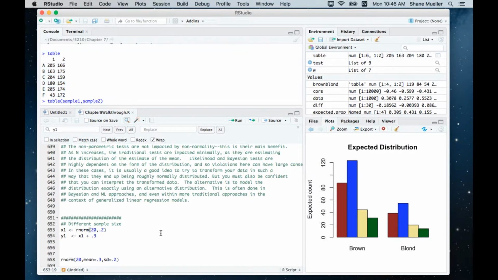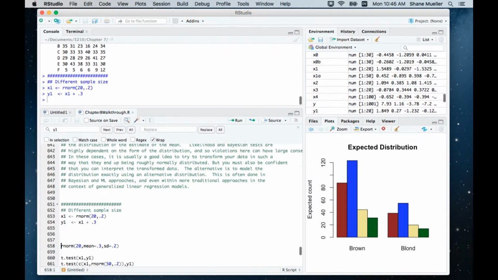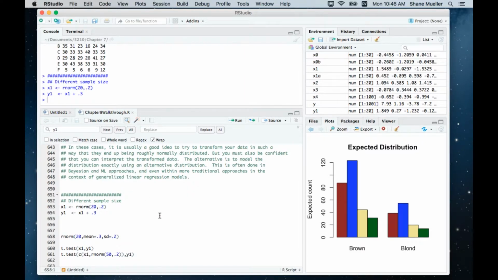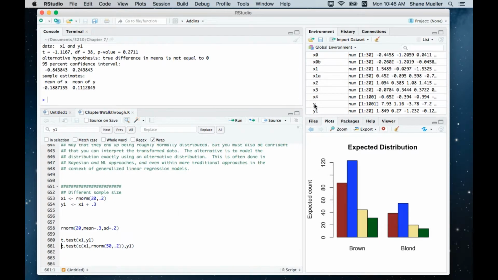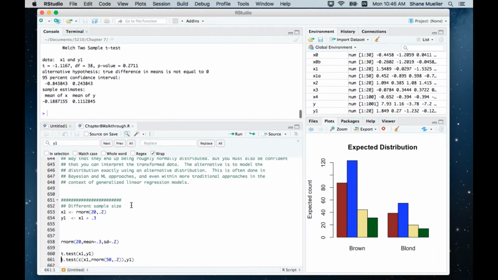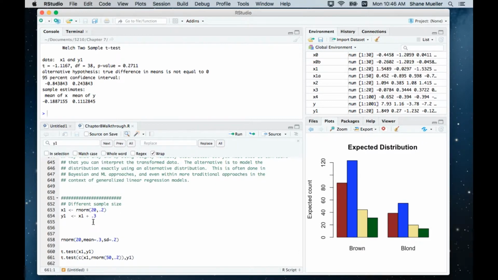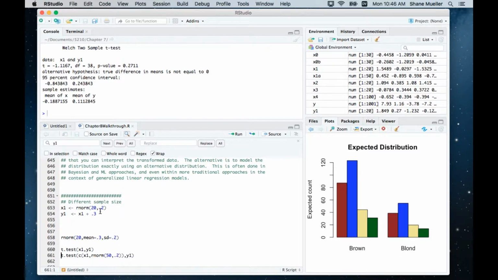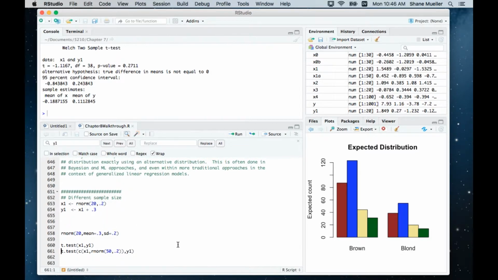So what happens when you have different sample sizes? Here's two distributions, and they are related, and one has a mean slightly larger. And if I do a t-test of these, I can see that, oh, that's not significant, even though they were sort of generated to have an effect size of maybe larger than 1, but because of the small sample size, we didn't find significance.